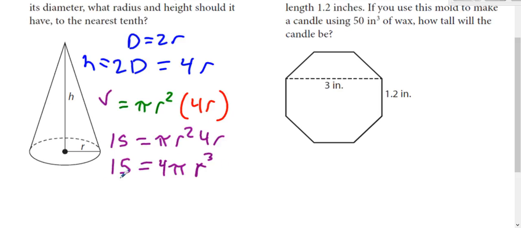So to solve for r, we need to divide by 4 pi. Four times 3.14 is 12.56. We're dividing by 12.56. 15 divided by 12.56 is 1.194.